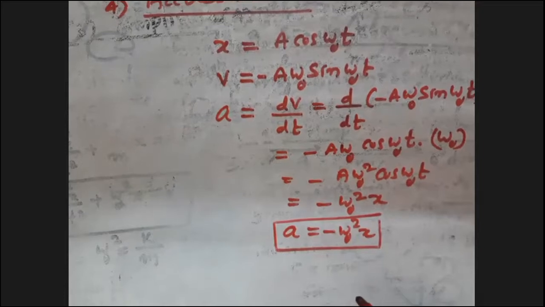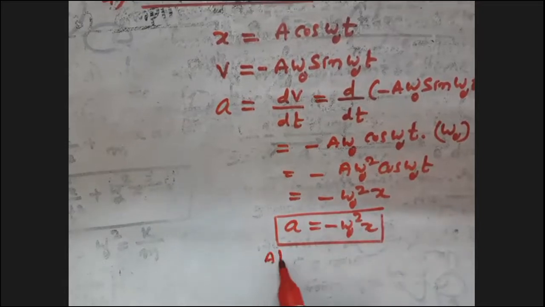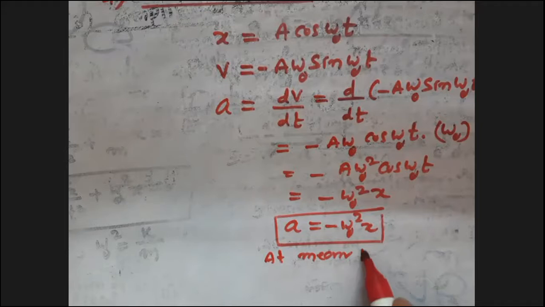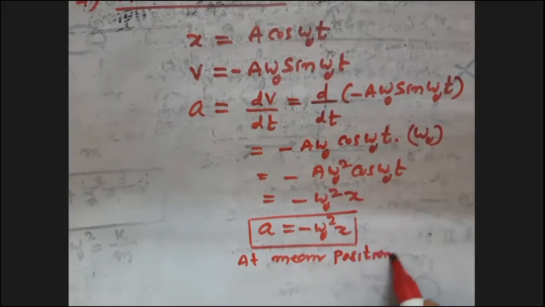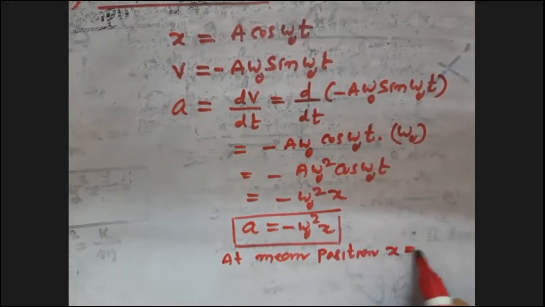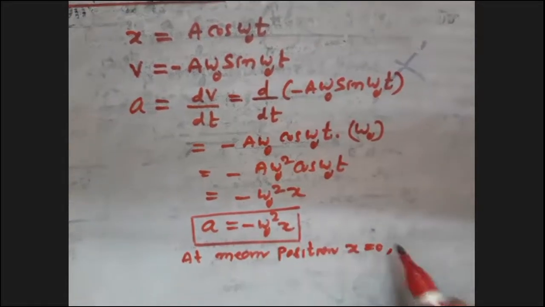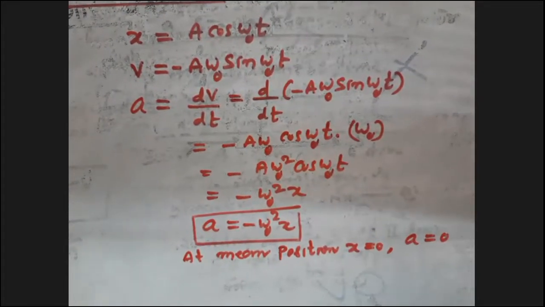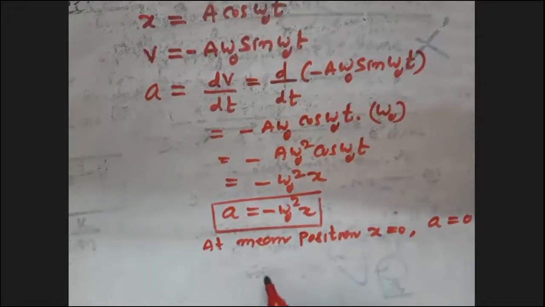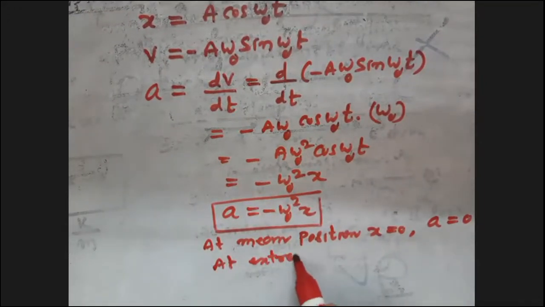Here let us see the two cases. At the mean position, what is the displacement? x is equal to 0. Substituting that, we get acceleration equal to 0. So at the mean position, acceleration is 0. Now at the extreme position, what is the displacement?